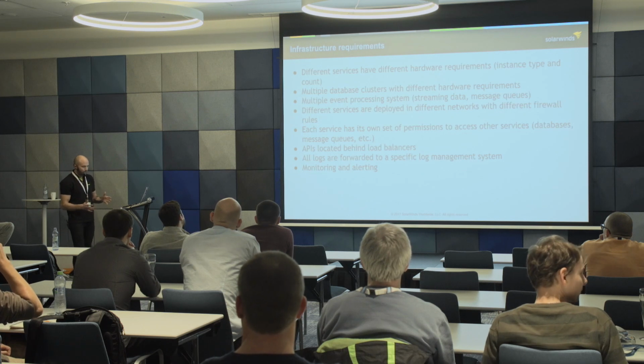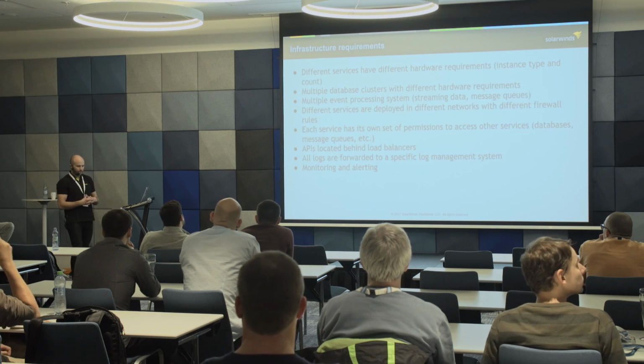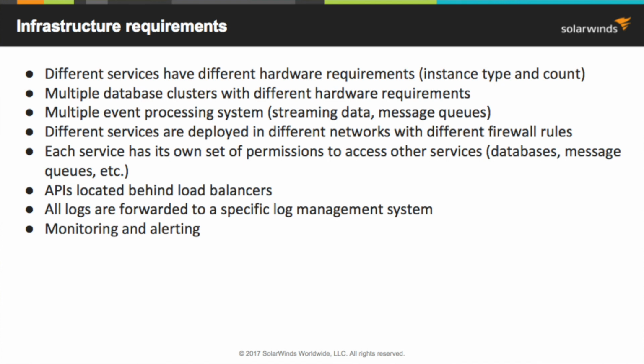Along all these requirements, we have very different problems. You can have different kinds of services requiring different hardware. So for instance, you can have a lot of small APIs that don't need that much memory or compute power, but you can have a database system that requires a huge amount of memory, a vast majority of IOPS because you're doing random reads all the time.